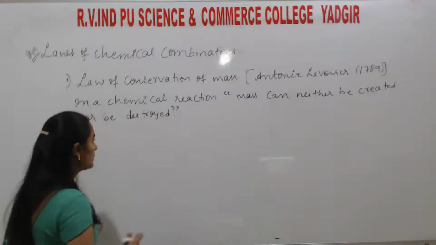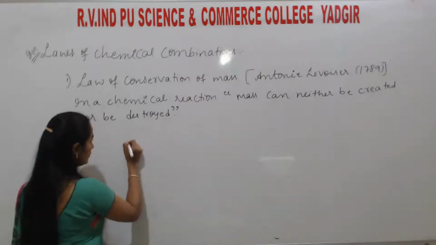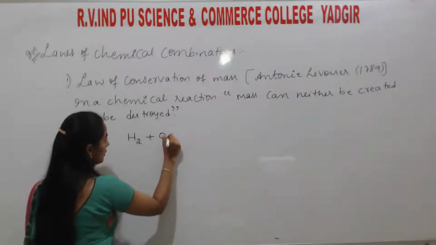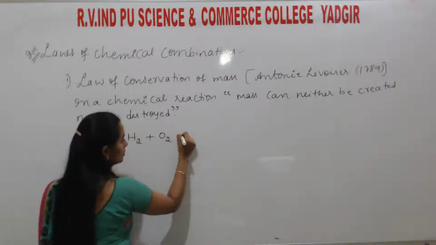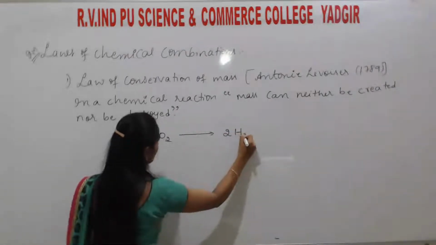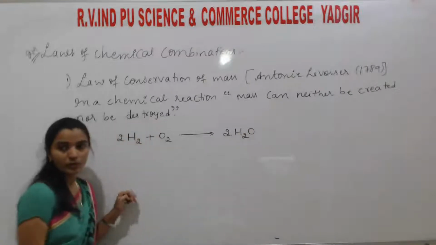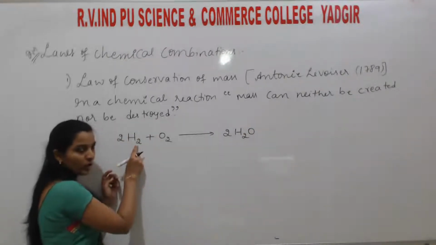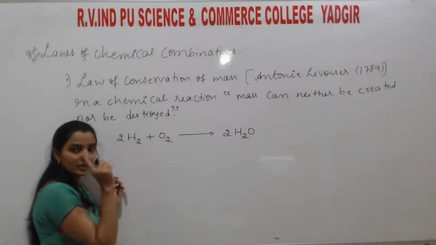I'll take one example. Here, listen. I'll take this one only. 2H2 plus O2, that is 2 moles, gives rise to 2H2O. Okay? Students, here 2H2O. One hydrogen atomic mass is 1.